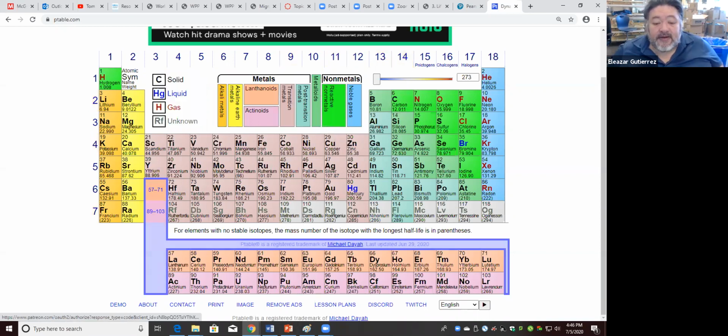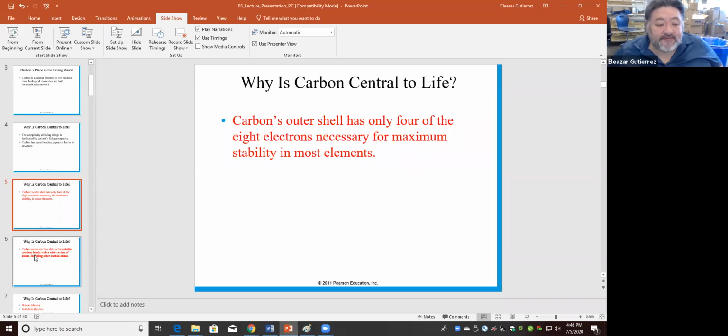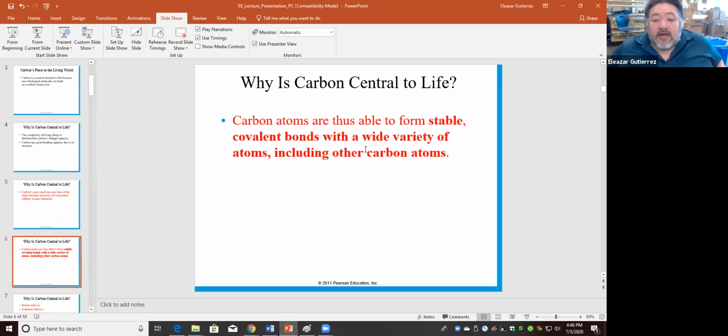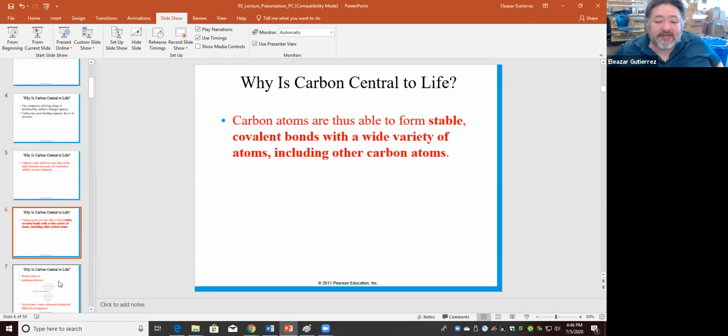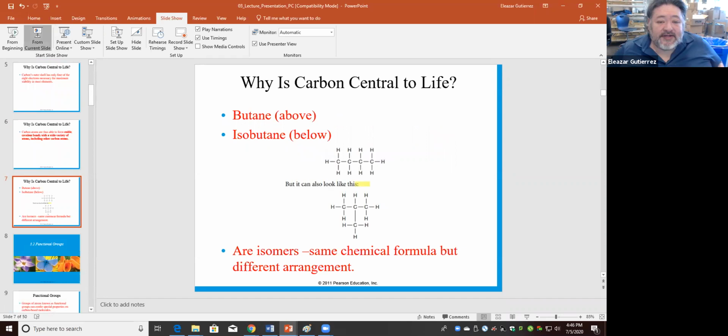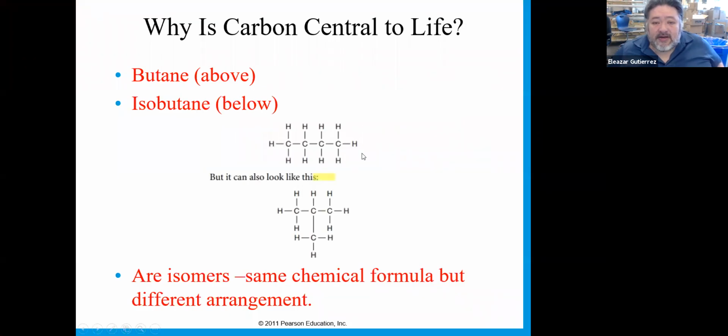So these are important things. Stable covalent bonds with a wide variety of atoms, including other carbon atoms. As a matter of fact, this variability is so high that carbon can make what's called isomers. If you look up here, this is butane and this is isobutane.